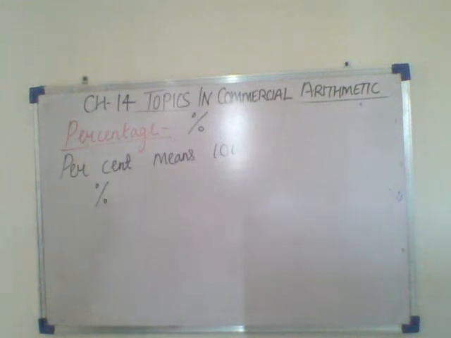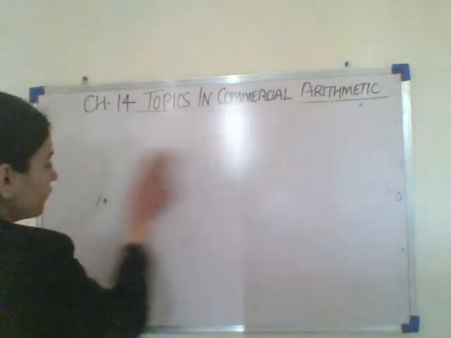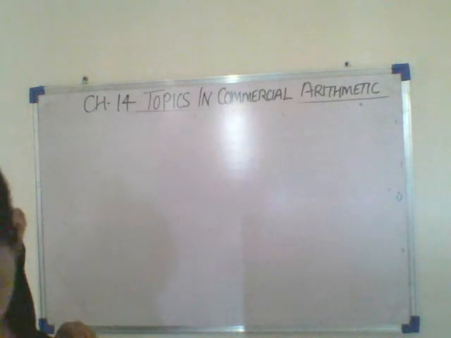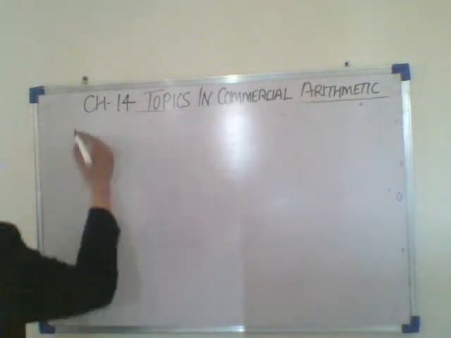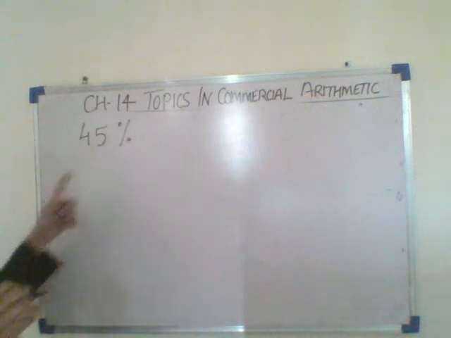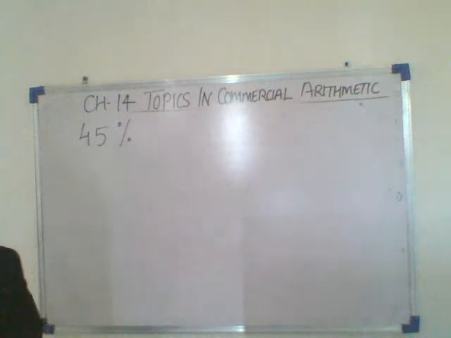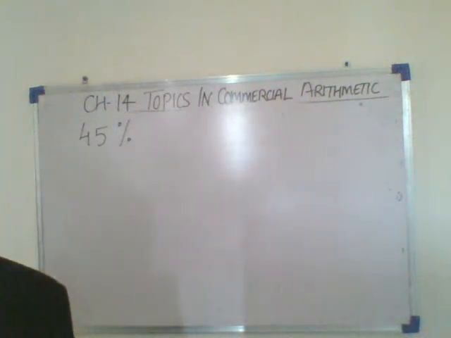Now let us do a few problems of percentage. Here I have written 45%. You have to write this 45% as a decimal. How will you write 45% as a decimal? There are two steps.